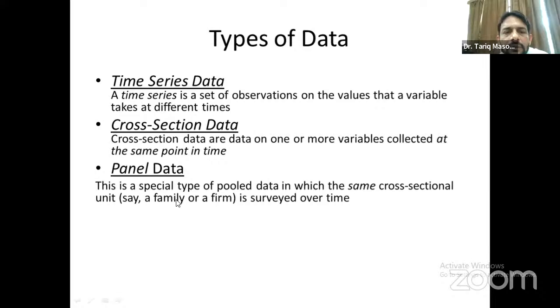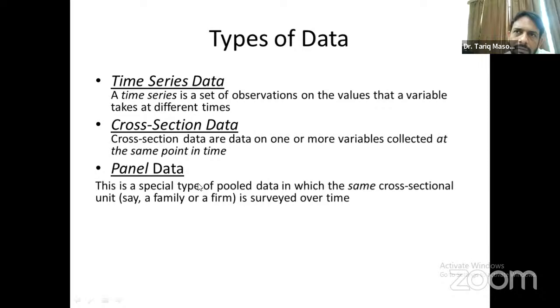In case of cross-sectional data, we are recording observations at a fixed point of time. The time is fixed, but there is variability over the space.